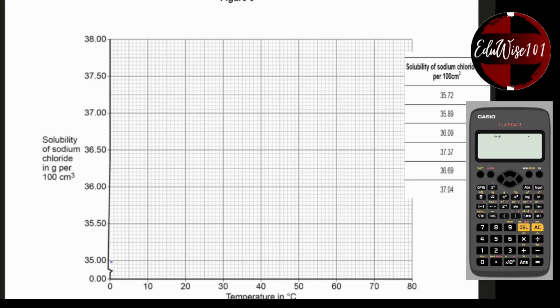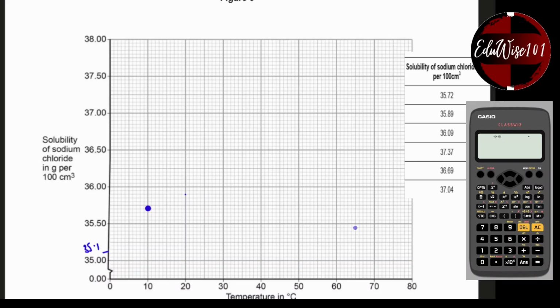So for 35.1, I take 2 boxes, and 35.75 is slightly there.